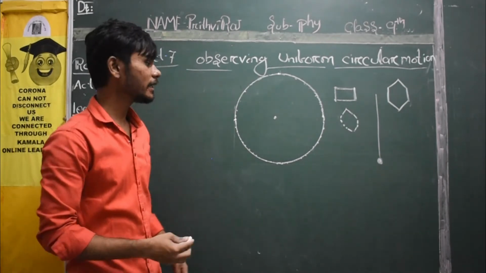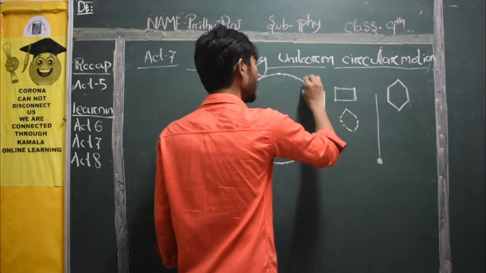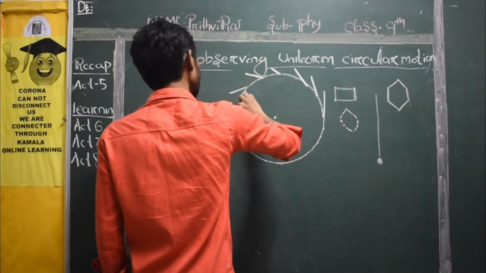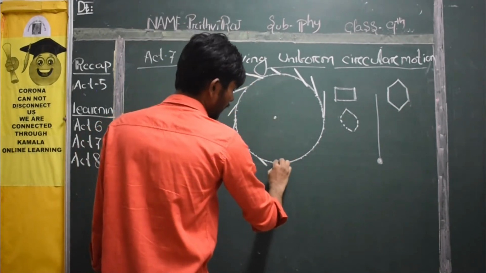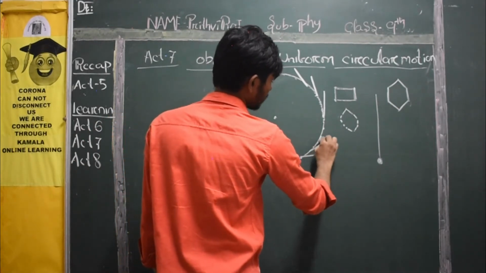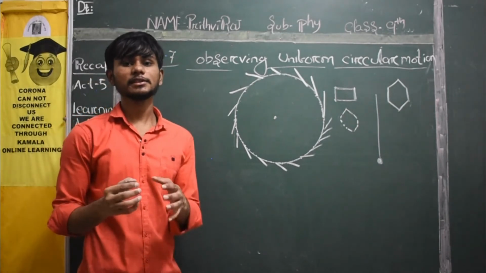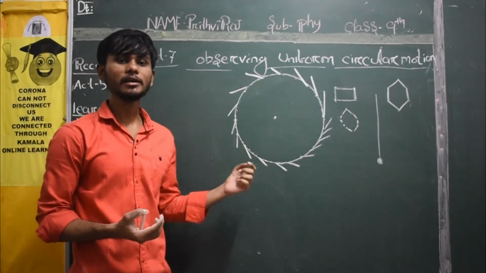What about mathematically? Mathematically, at each and every point on a circle you can draw one tangent. At every point you can draw one tangent, students. And why is the tangent there? Tangent gives us the direction of a point on a circular body.